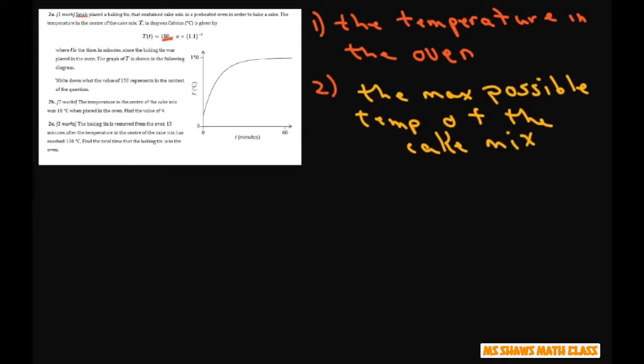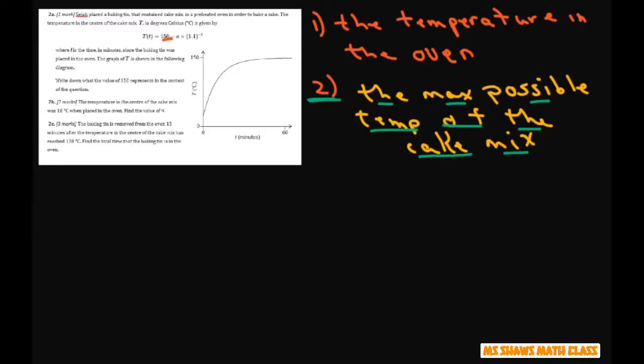For IB, if you just write the maximum possible temperature, they won't give you any credit. So if you do number 2, you have to write also of the cake mix. You have to write the whole thing to get 1 mark for that.